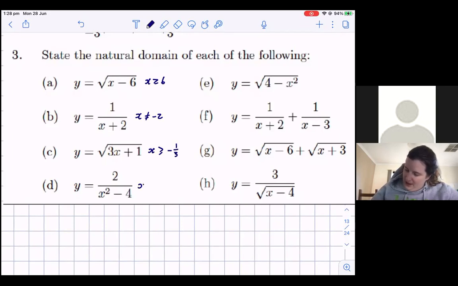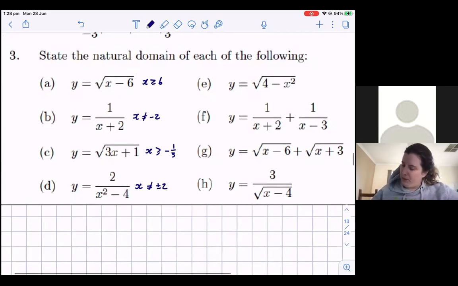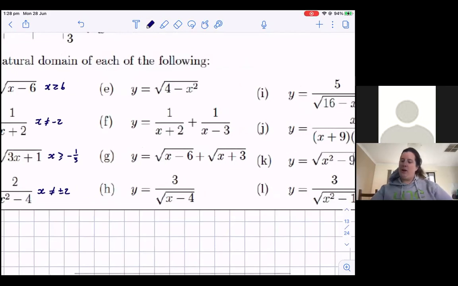Here, x cannot be 2, but it cannot also be negative 2, because negative 2 squared is obviously 4. Okay, this one. We want x squared to be less than 4. So we need x to be between negative 2, or less than or equal to, and positive 2.